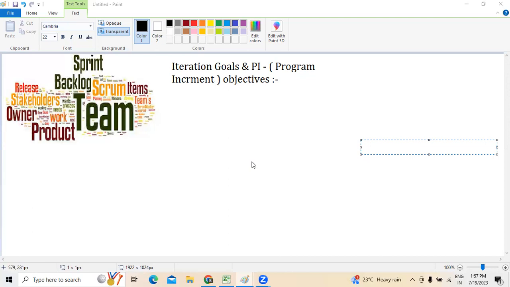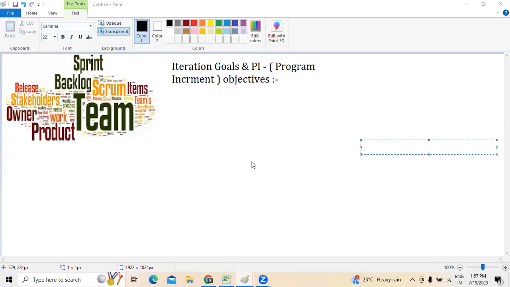In regard to that, one should understand, for whoever wants to write these iteration goals as well as PI objectives, that these require focus as well as discipline to achieve a proper agility transformation.